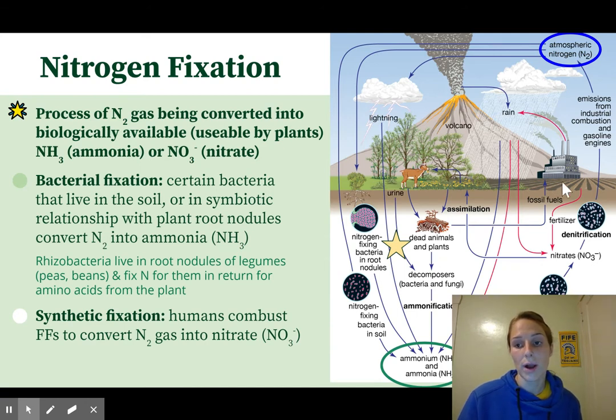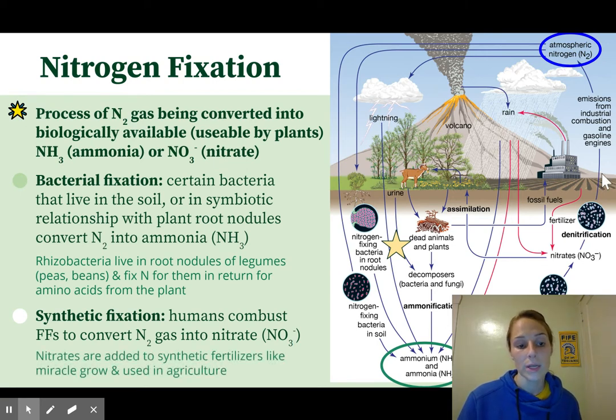So it's through a process of fossil fuel combustion, and then through that combustion process, they then harness that nitrogen to get it into nitrate. And the reason that they do this is because nitrates are added to fertilizers like Miracle-Gro, and it's used in agriculture to help make sure that all the plants that are being grown are thriving and getting the nitrogen that they need to do well.